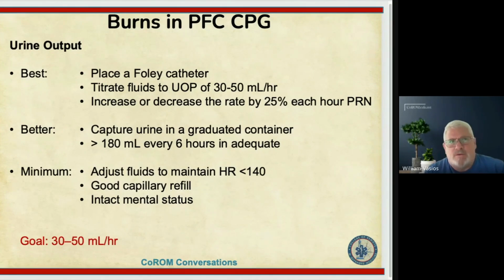So if you have an initial trauma patient and you start fluid resuscitation, your fluid rate and your urine output are going to take some time to respond. So your first couple hours may be sub 30, and then later on, because you've increased the rate 25%, your output might become greater than 50 mLs.